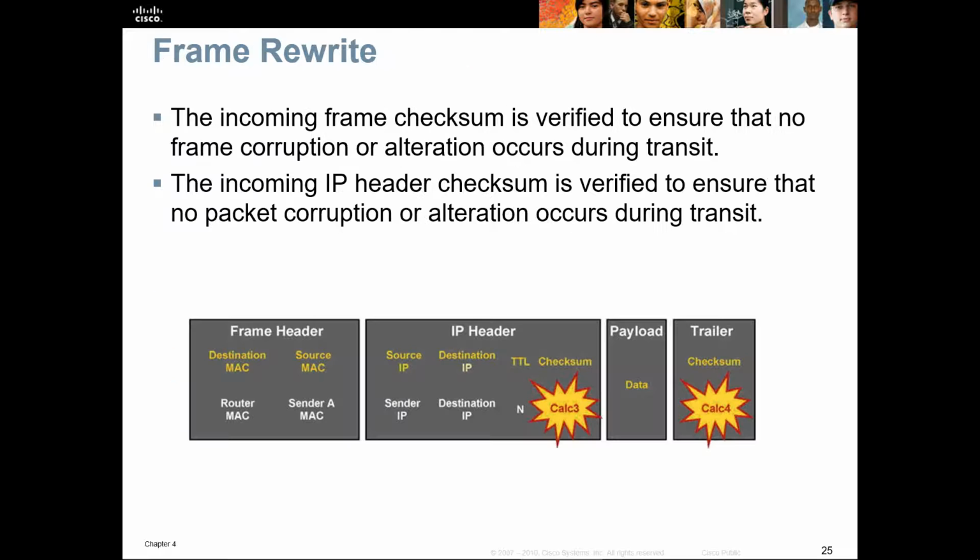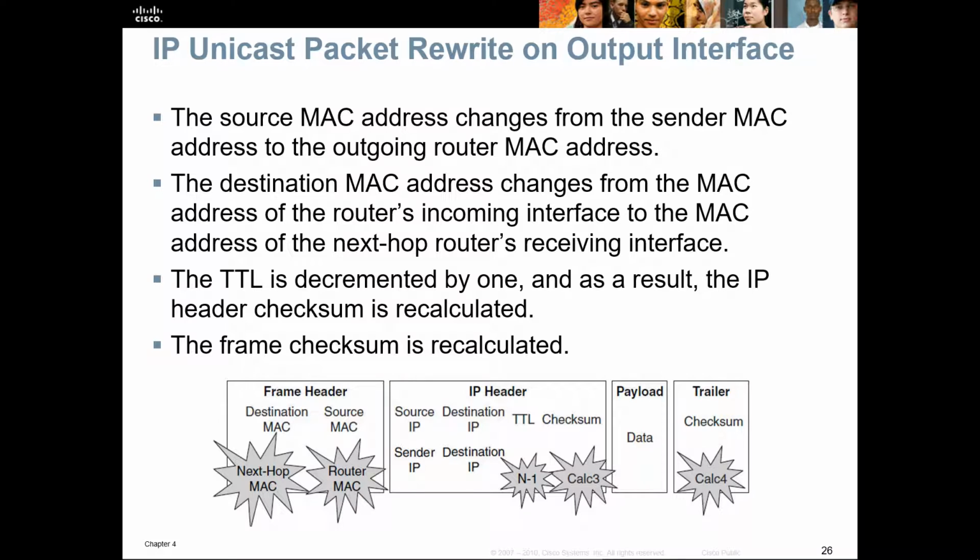So let's talk about a frame rewrite. The incoming frame checksum is verified to ensure that no frame is corrupt or altered during transit. The incoming IP header checksum is verified to ensure no corruption, no alteration. Our unicast packet rewrite on output interfaces, the source MAC address changes from the sender's MAC address to the outgoing MAC address.